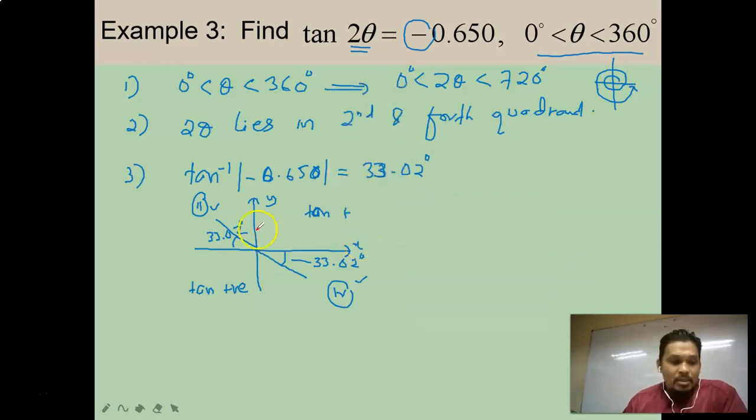Next, let's find the angle from here up to here, and the second cycle up to here.